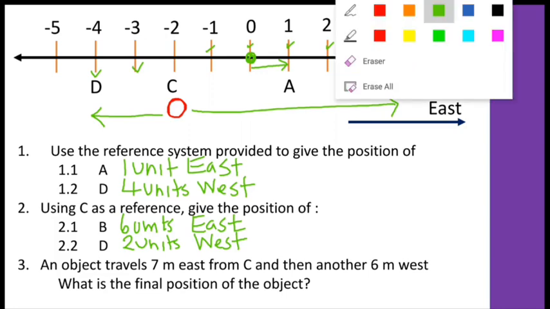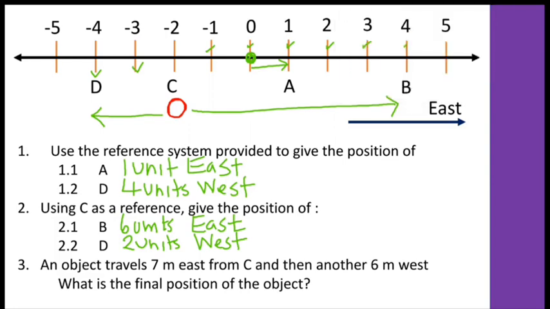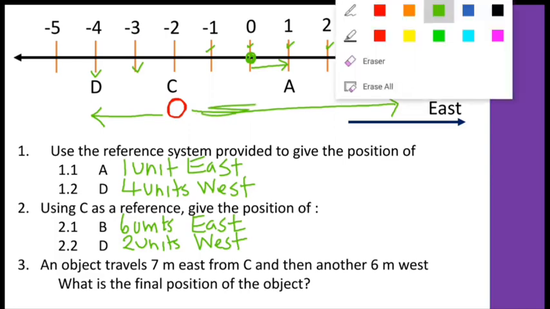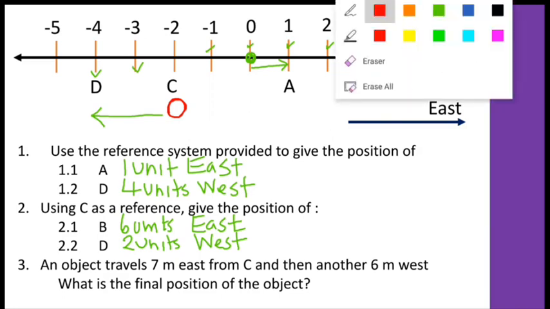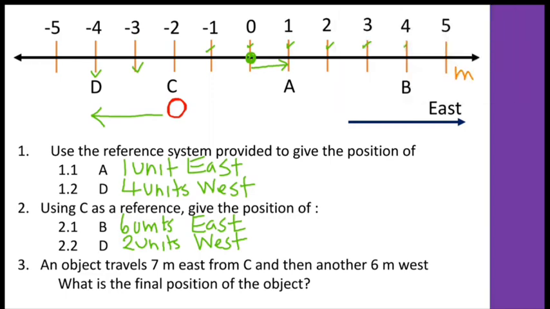An object travels 7 meters from C and then another 6 meters west. What is the final position of the object? So we are making an assumption that, again, this is in meters.